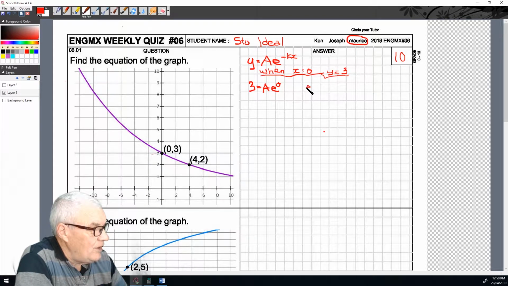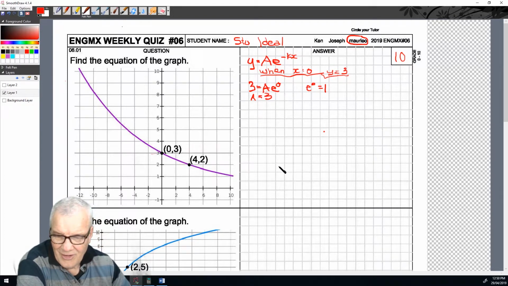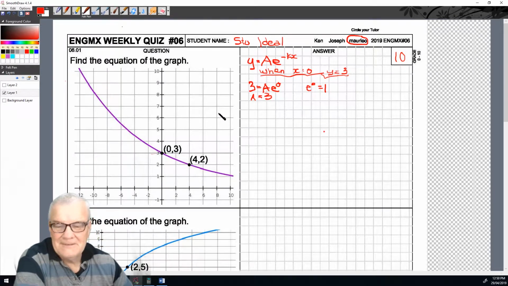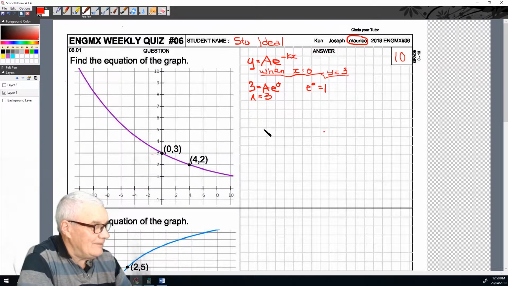Anything to the power of 0 equals 1. So straight away there we can say a equals 3. Well, a's done. Now we just have to find out k.